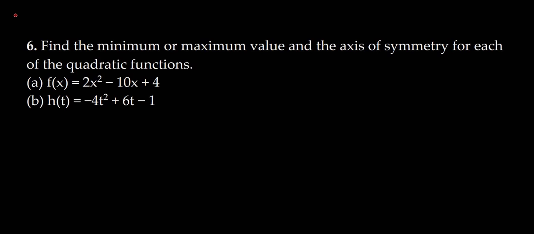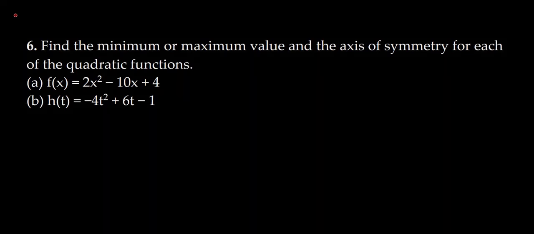Question number 6. Find the minimum or maximum value and the axis of symmetry for each of the quadratic functions. Now, to solve this problem, first you must identify the leading term, the coefficient of the leading term. This is the leading term and the coefficient is 2. That means the value of a is greater than 0.